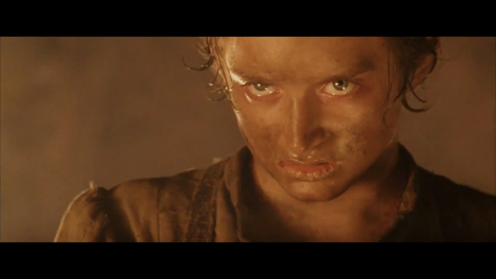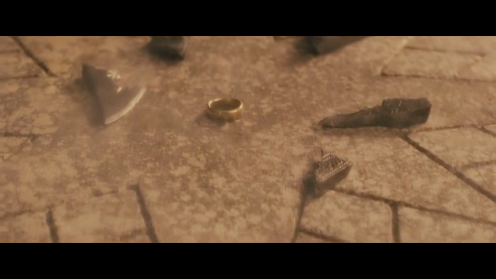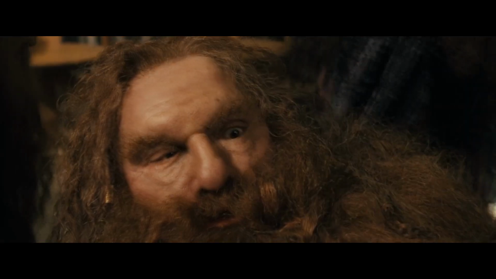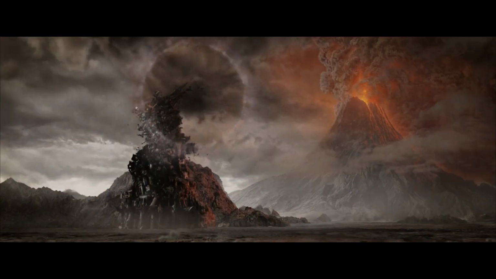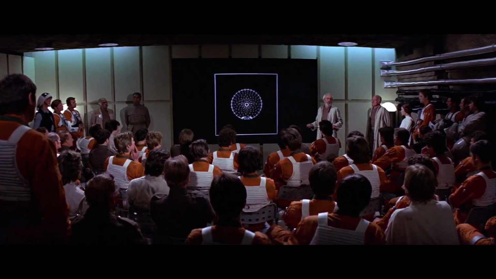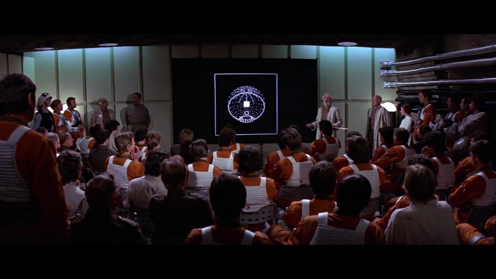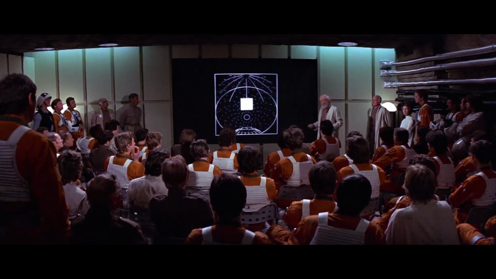The ring is directly affecting the story, and it couldn't just be swapped out with any other object like a MacGuffin could. And all this isn't even touching on the fact that once the ring is destroyed, Sauron loses all of his power, and thus the main conflict of the story is resolved. The Death Star plans in A New Hope are also commonly referred to as a MacGuffin, but this similarly is untrue.